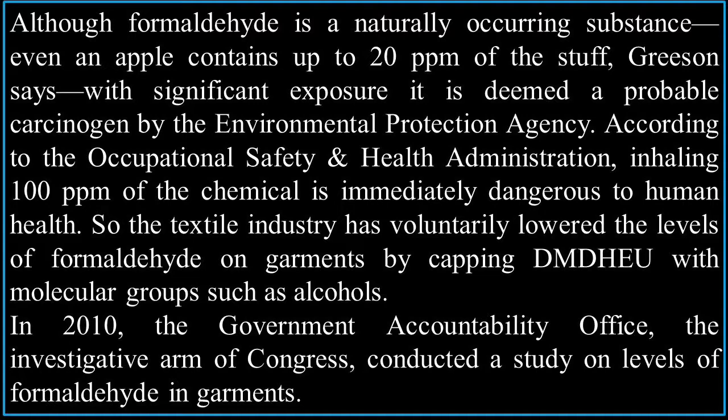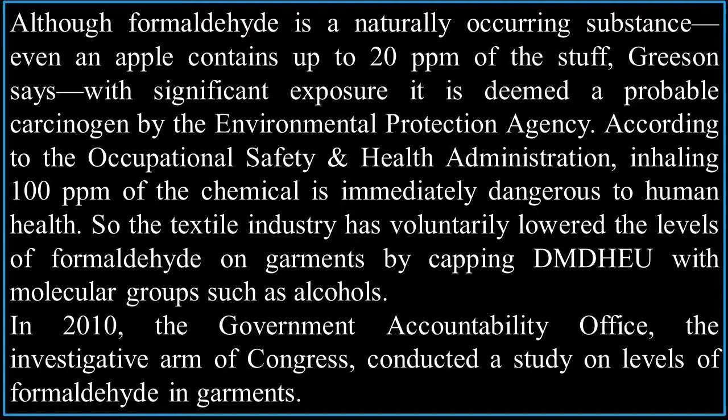According to the Occupational Safety and Health Administration, OSHA, inhaling 100 parts per million of the chemical is immediately dangerous to human health. So the textile industry has voluntarily lowered the levels of formaldehyde on garments by capping DMDHEU with molecular groups such as alcohols.